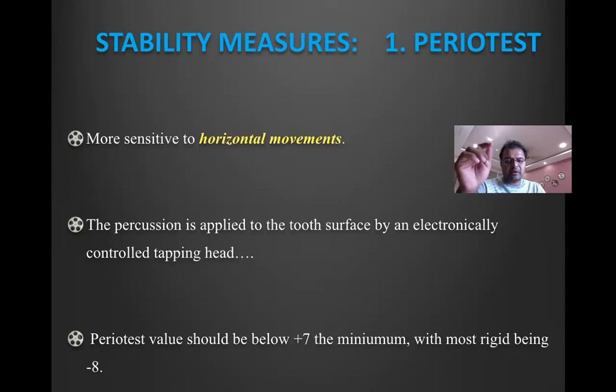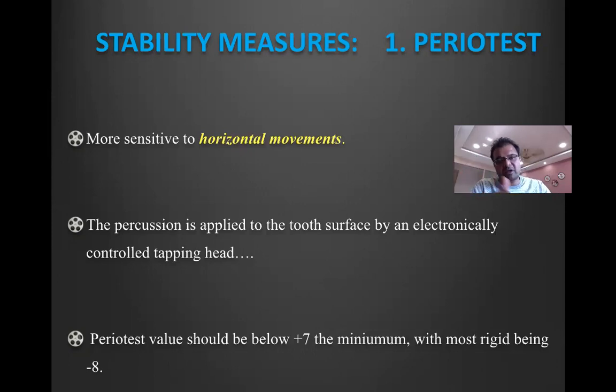You take the device, it applies a percussion force to the tooth, and depending upon how the tooth moves in and out of the socket, it gives you a reading from +7 to -8. If the tooth is very firm in the socket, it would give you a reading of -8, and if the tooth is grade 3 mobile, then it would be +7.